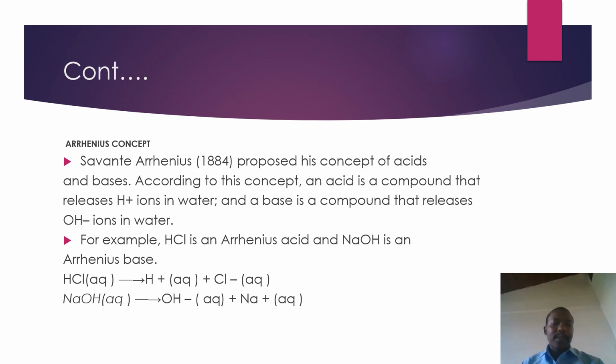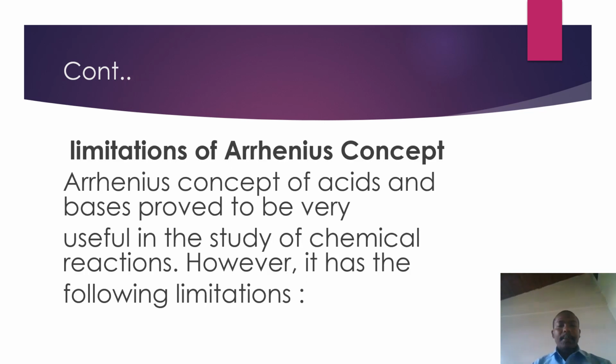For example, HCl is an Arrhenius acid, while sodium hydroxide is an Arrhenius base. There is an equation there which shows HCl producing hydrogen ions and sodium hydroxide producing hydroxyl ions.